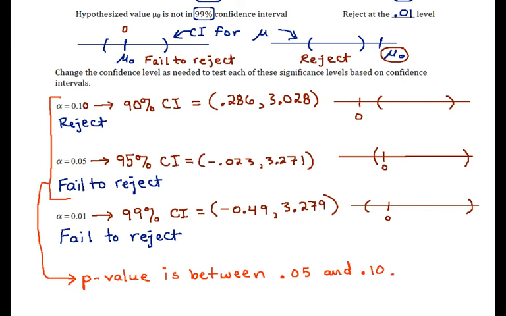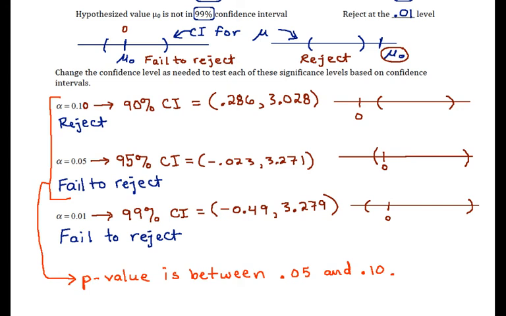Now, just a note about using confidence intervals to answer questions about hypothesis tests. First of all, it really only works for a two-sided alternative hypothesis. Second of all, it's not something that we should choose to do if the primary question is about just a hypothesis test.